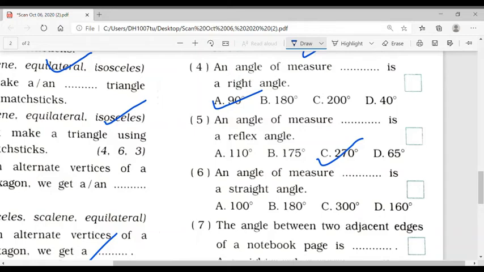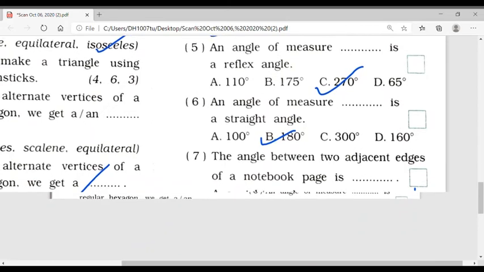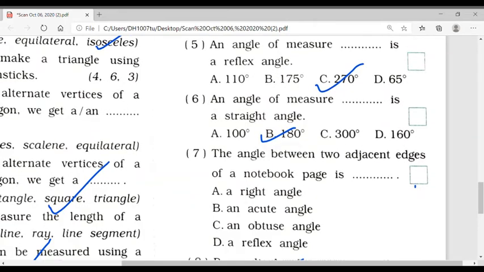Now question number 6, an angle of measure dash is a straight angle, that is 180 degree. Already we have learned in the definition. Now question number 7, we are going to start. The angle between two adjacent edges of a notebook page is dash.